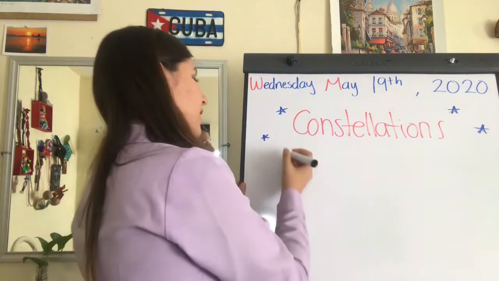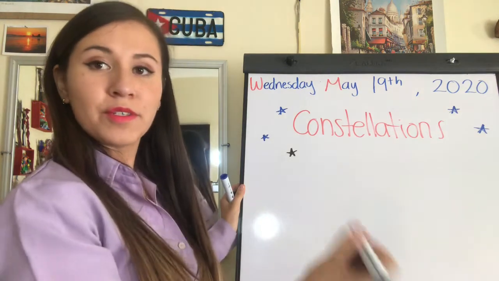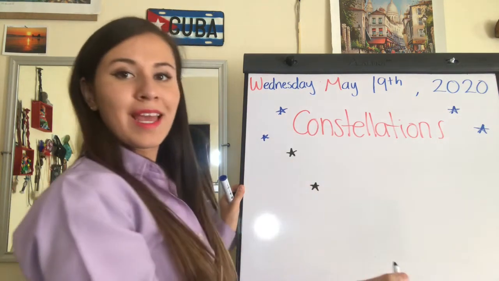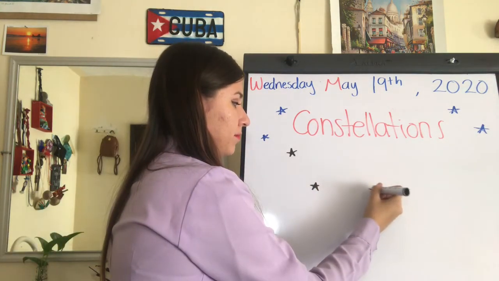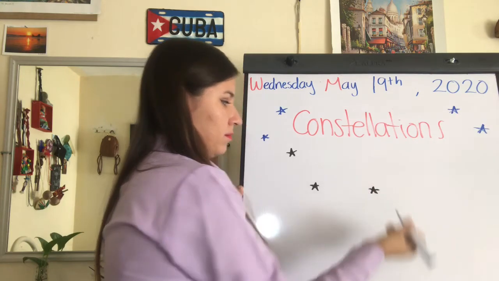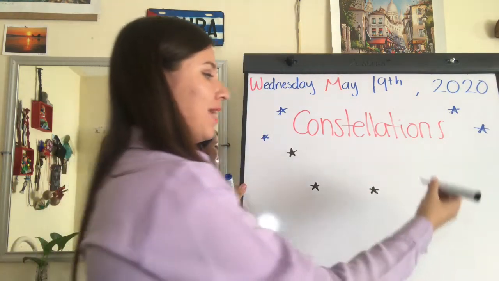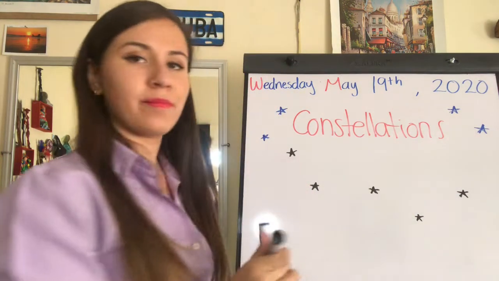Okay, so we're gonna start with the star like this. Then you have to go down. Then you have to go to the right. Then you have to go down again. And the last one, you just have to go up. Okay?